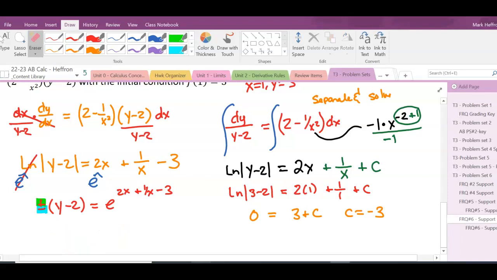So I'm going to write this as positive y minus 2, or just y minus 2, equals e to the 2x plus 1 over x minus 3. Add 2 to both sides. Final answer, y equals e to the 2x plus 1 over x minus 3, all plus 2.